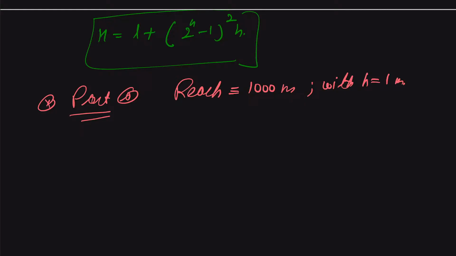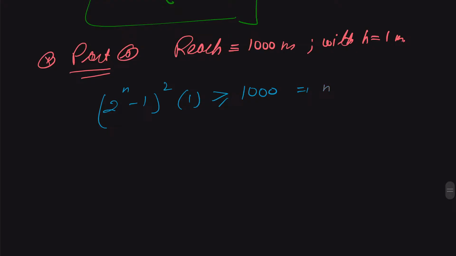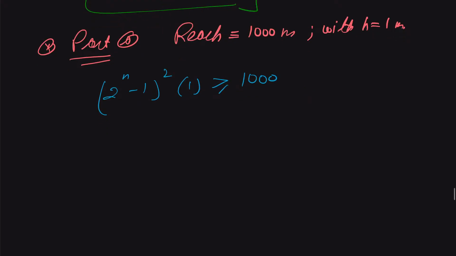So same equation we can put that (2^n minus 1) whole square times 1 should be greater than or equal to 1000, and from here we can easily find out the value of n. So we can write this as 2^n minus 1 should be greater than or equal to approximately 32.